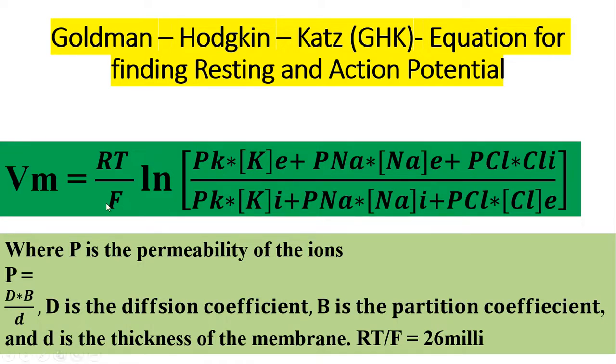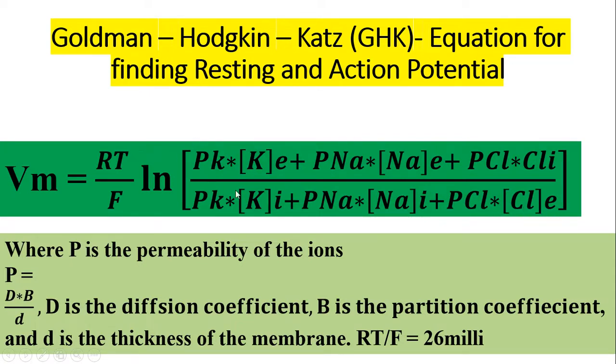According to the GHK equation, Vm, the transmembrane potential, is calculated by the equation RT/F times ln of (PK times Ke plus PNa times Nae plus PCl times Cli) divided by (PK times Ki plus PNa times Nai plus PCl times Cle).